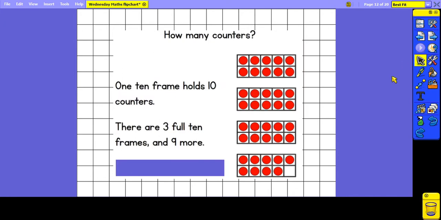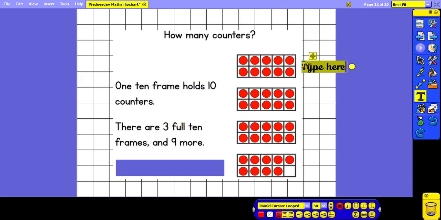This time we're looking for how many counters there are. We know that one 10 frame holds 10 counters. And we can see that 3 of the 10 frames are full. So there are 10 here, 10 in this 10 frame, and 10 in this one.